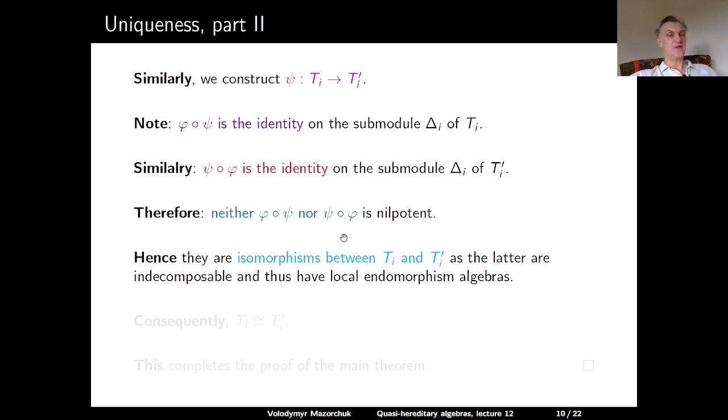So this means that phi after psi and psi after phi are isomorphisms, which means that both phi and psi are isomorphisms between Ti and Ti prime. Consequently, Ti is isomorphic to Ti prime. And this completes the proof of the main theorem.